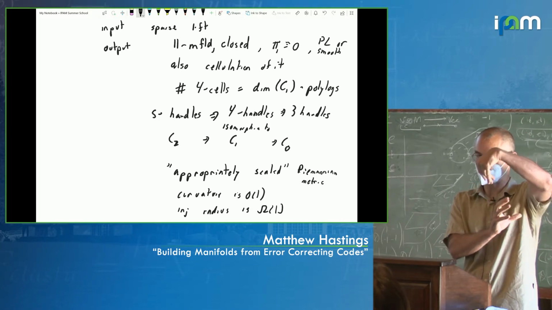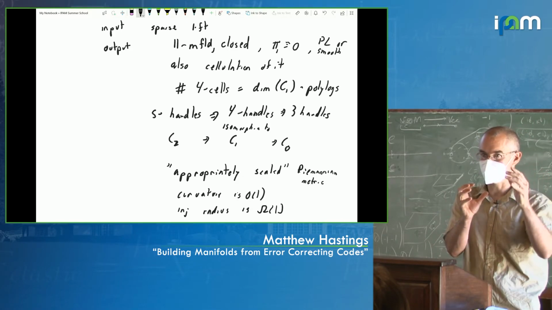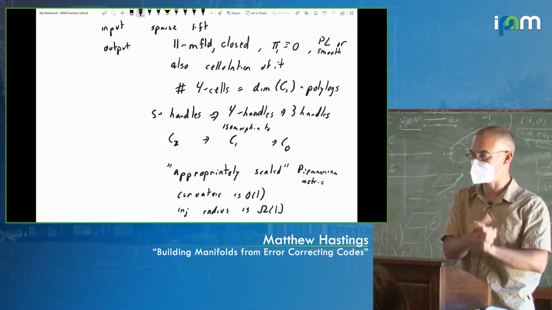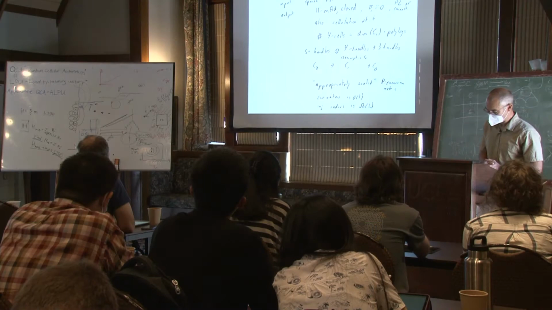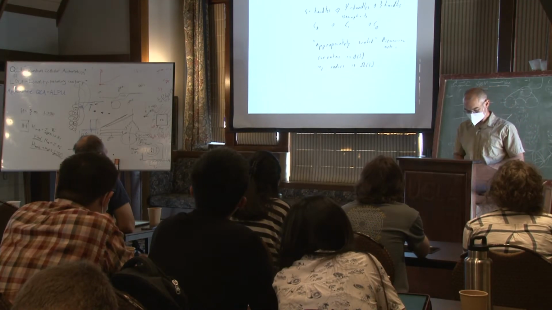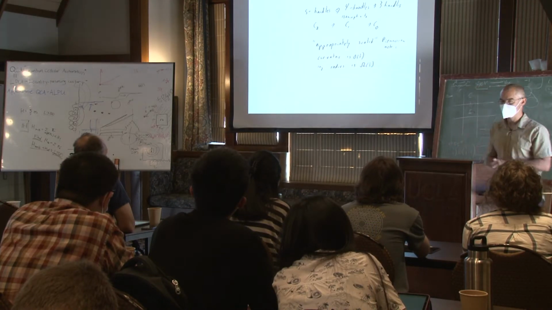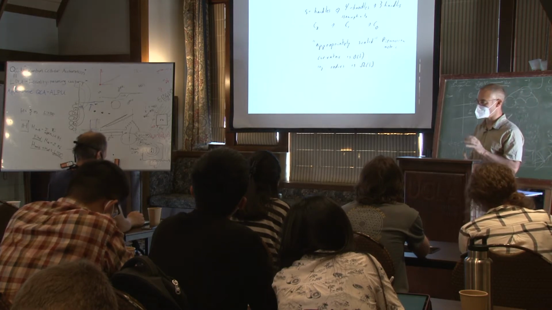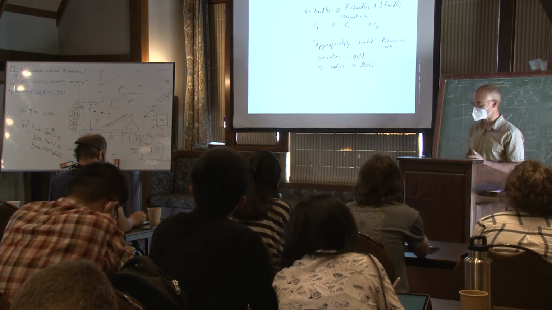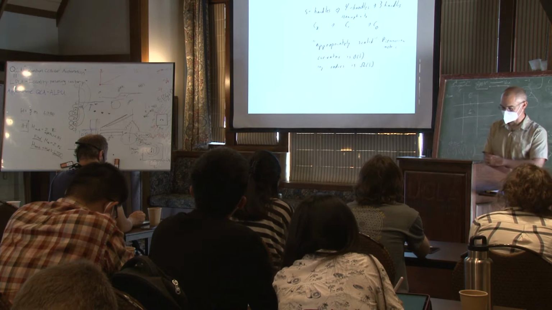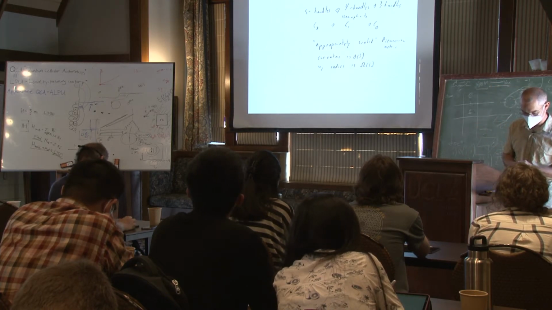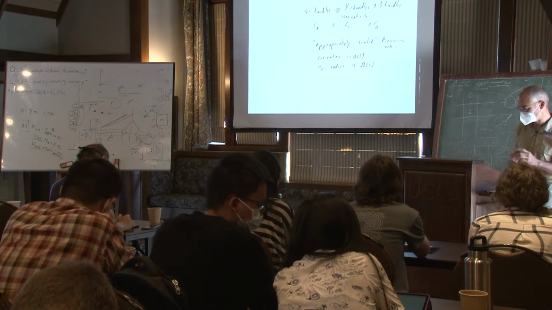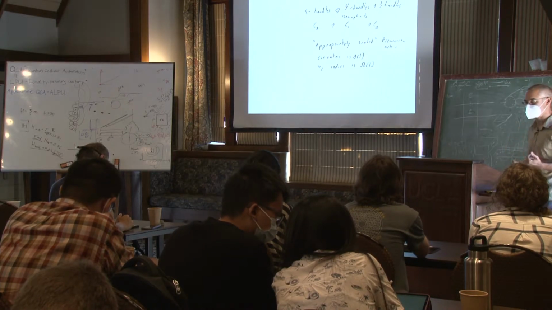The geometry of the cells will be locally bounded in your cell decomposition, so each cell will have O of 1 other cells attached to it. Everything is kind of at the same scale. And some statements about the systoles, the weight of the systoles that I will tell you in a second when I refer to them. So there's an additional property, which is the weight of the systoles that I'm going to mention now. So the output will be this 11 manifold from which you can read back off the code.